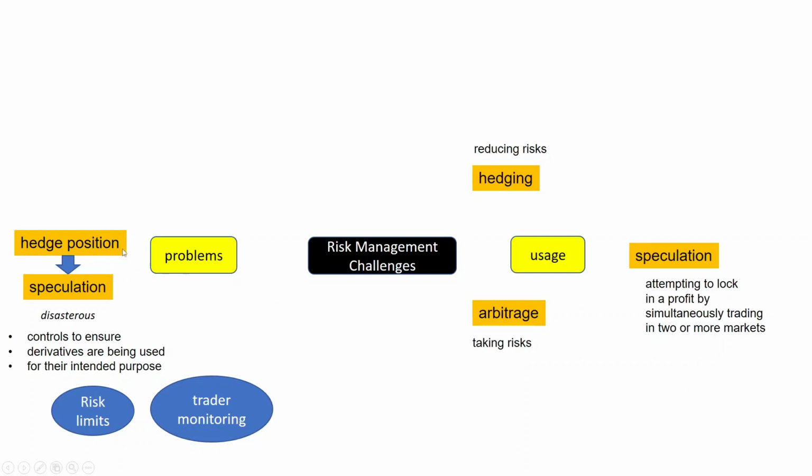The problem can be that if we are misunderstanding something, we are trying to hedge a position and it turns into speculation. Or if we were thinking that we had an arbitrage and no, it was speculation at the end of the day. So when the underlying position related to the derivative is not stable, it can be an issue.